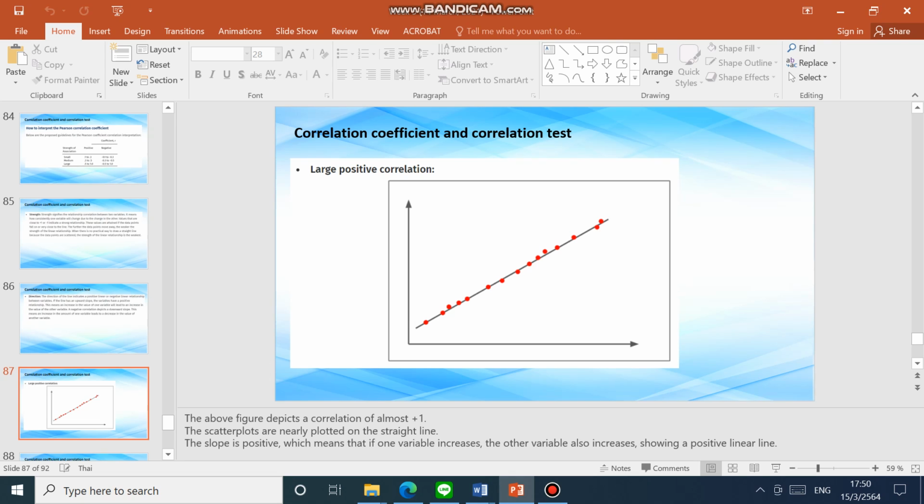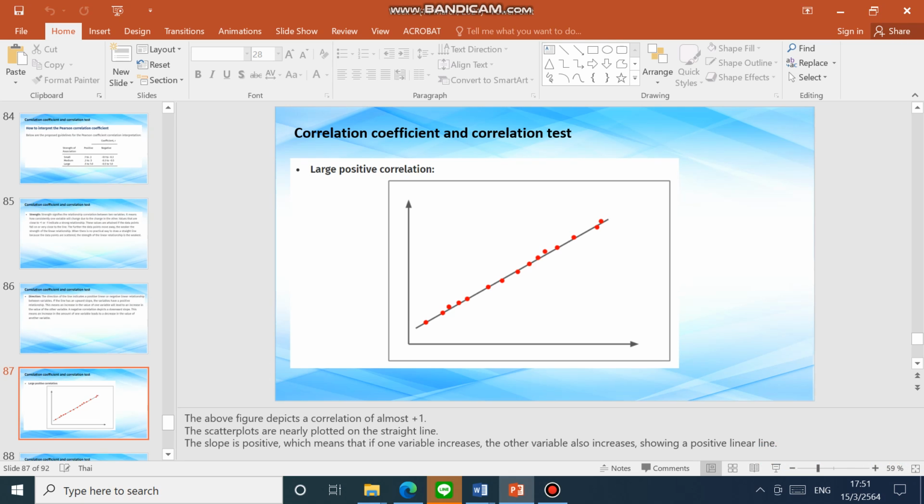This graph shows the straight line that fits with the scatter plot. It depicts a correlation of almost +1. Why? Because the scatter plots are nearly plotted on the straight line.